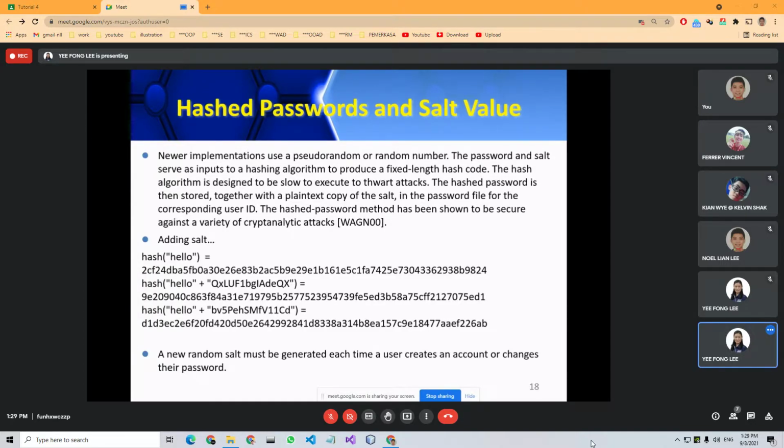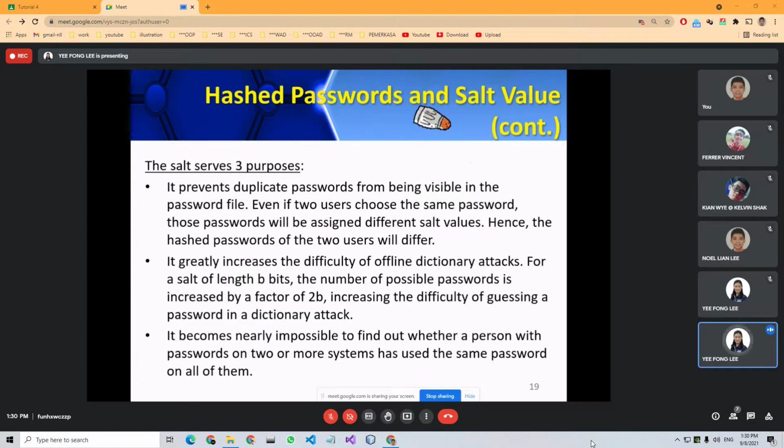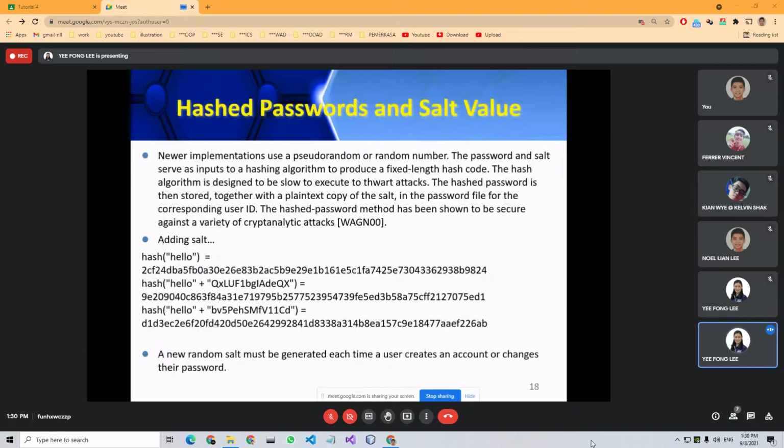So if, let's say, two different users provide the same input, then based on the deterministic nature of the hash function, the same output is always produced, right?